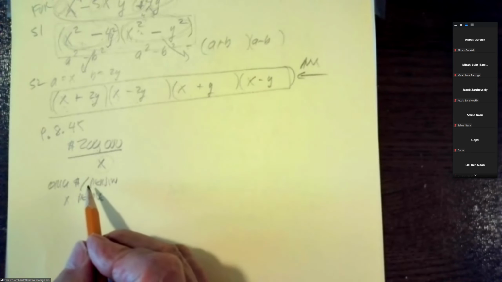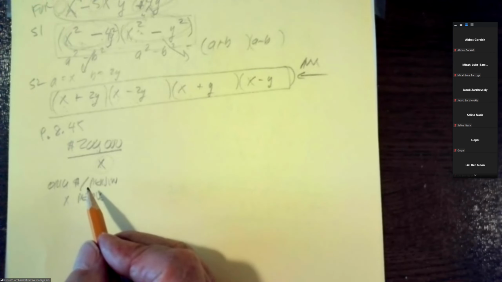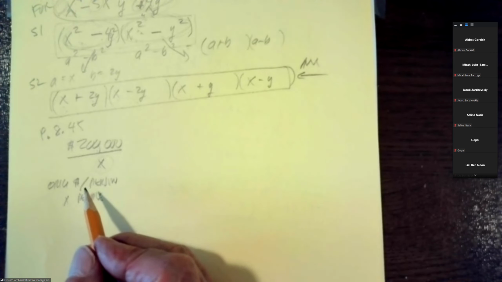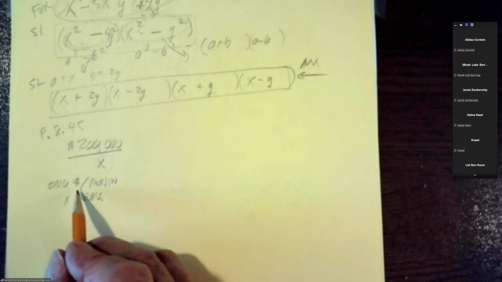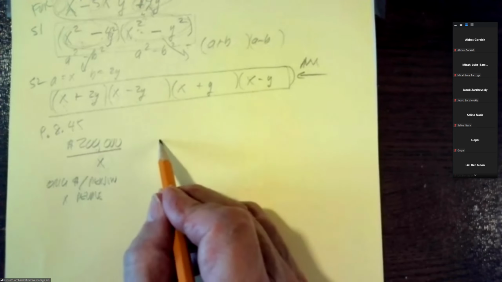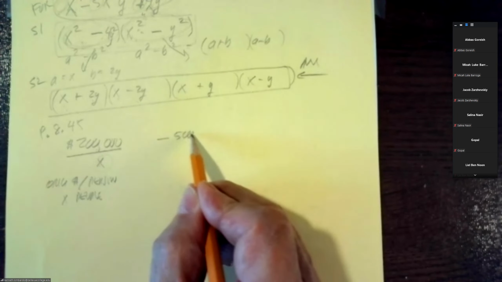Okay, and then it says, before the money's divided, 2 more winning ticket holders are declared. Okay, 2 more. And as a result, each person's share is reduced by 500,000. So we're going to reduce by 500,000.